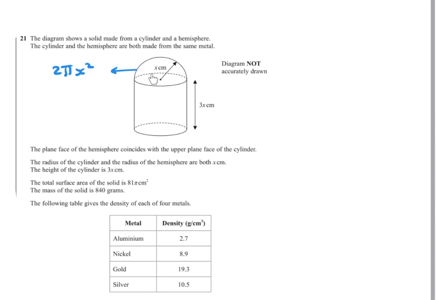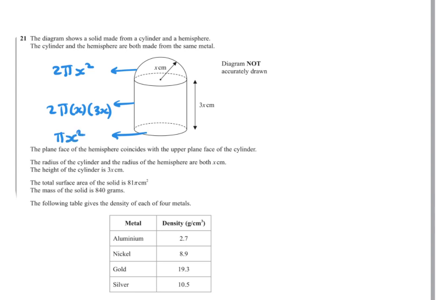The curved surface area for the cylinder, 2 pi r h. Now we have r equal x and we have h equal 3x. So the curved for the cylinder, 2 pi r, which is x, times the height, which is 3x. Now the base for the cylinder pi r squared, so pi x squared.